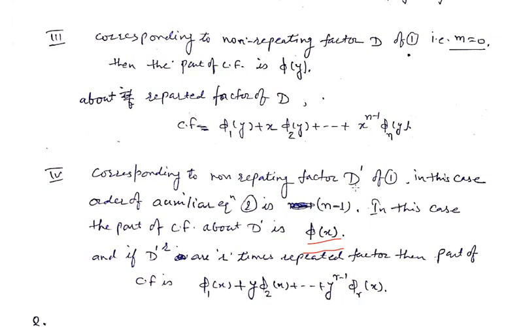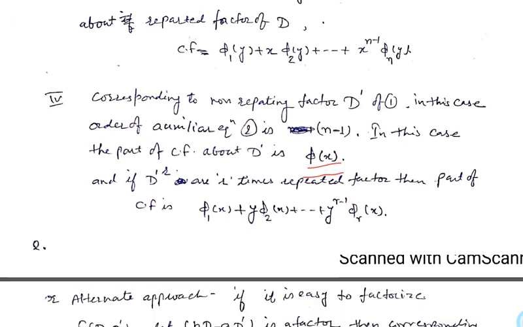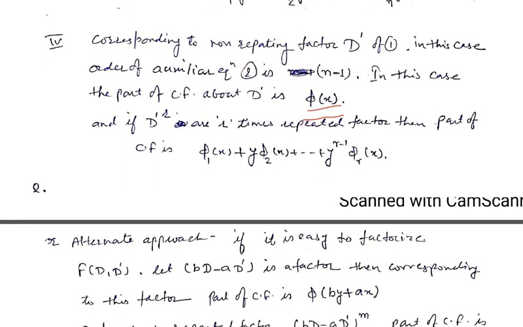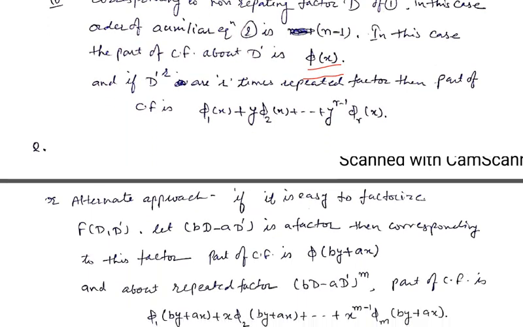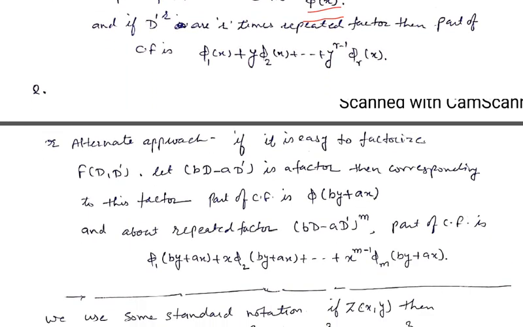It means if there is a D prime factor in the given equation, phi x is a part of the complementary function, and if D prime is a repeated factor, then phi 1 (x) plus y times phi 2 (x) and so on, y raised to the power r minus 1 phi r (x), are part of the complementary function. So in this way we can find the complementary function for the given equation.